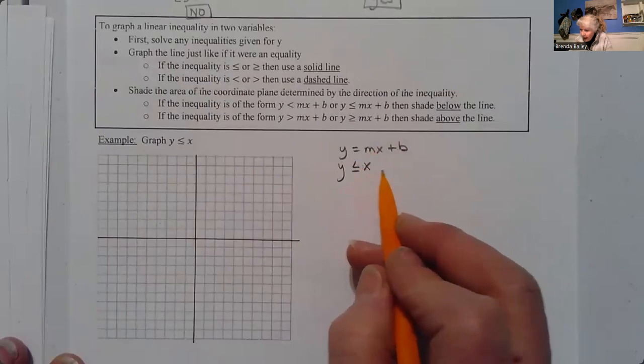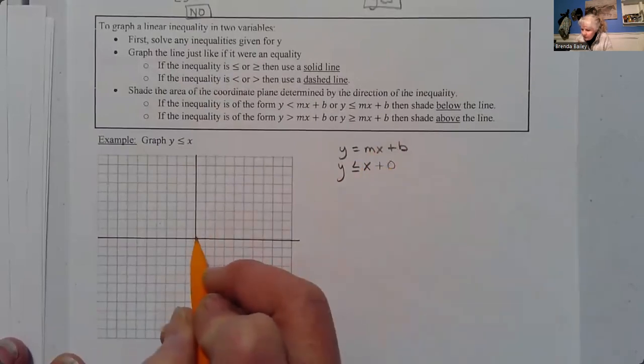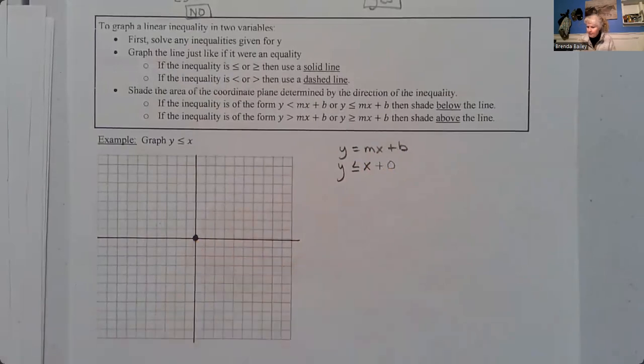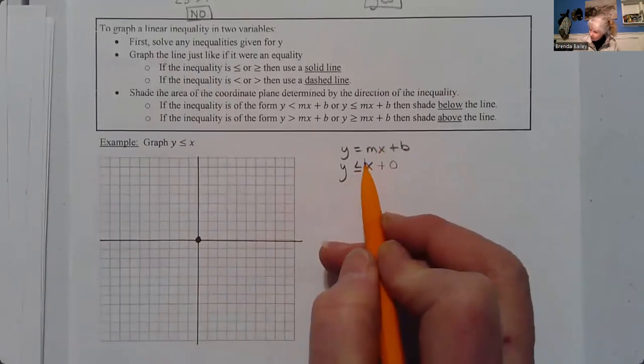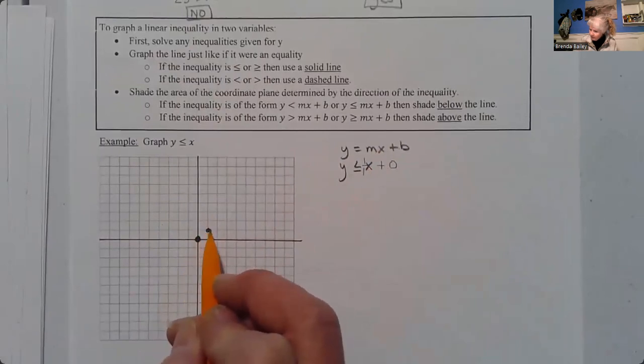Since you don't have anything here, plus 0, we're going to go to 0. There's our y-intercept. Then our slope of our line is 1 over 1, up 1 over 1.